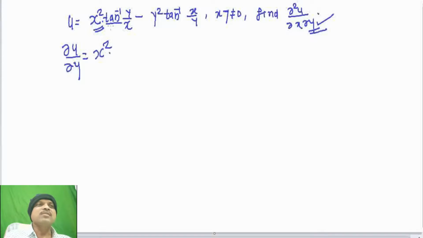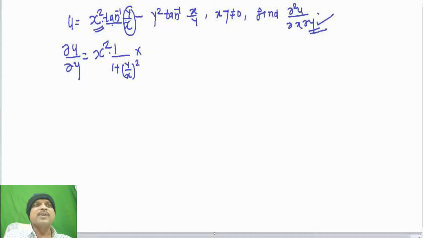Now let us take the derivative of this tan inverse. We know that the derivative of tan inverse is 1 divided by 1 plus y divided by x whole square, into the derivative of this. So we apply the chain rule again. The rules are the same, there will be no difference in the rules. Remember this thing.